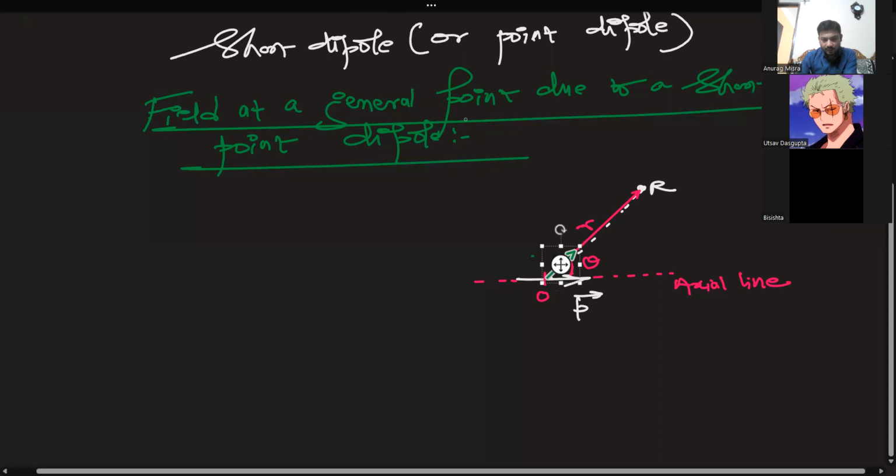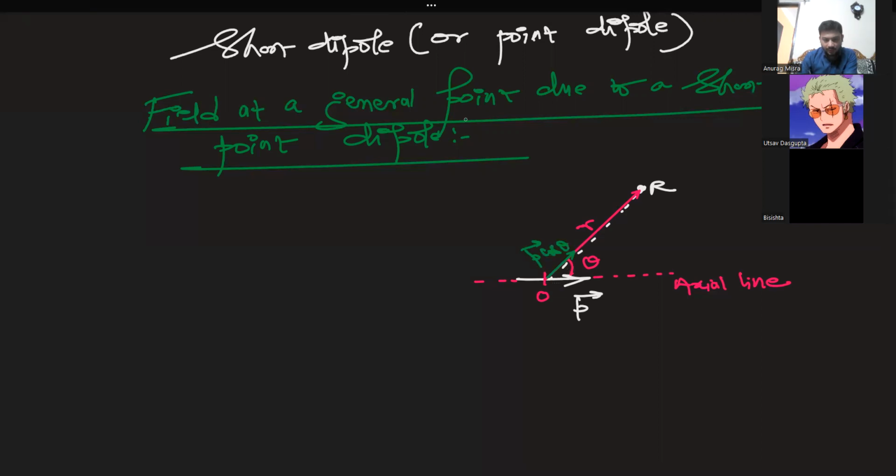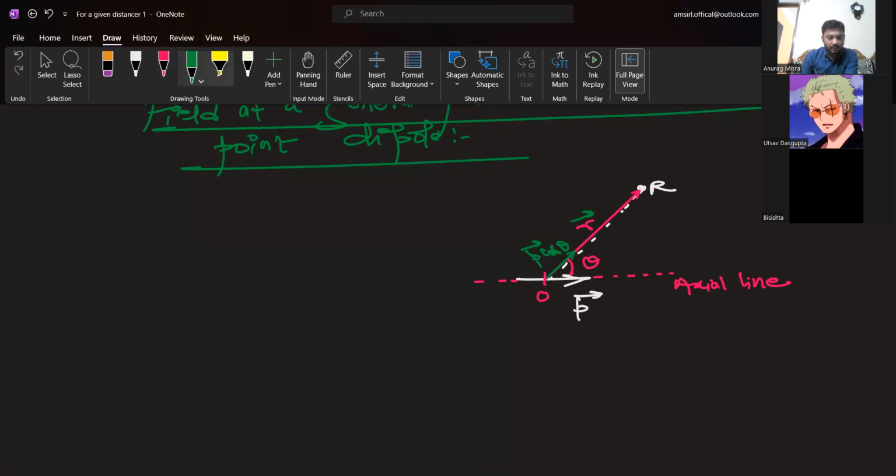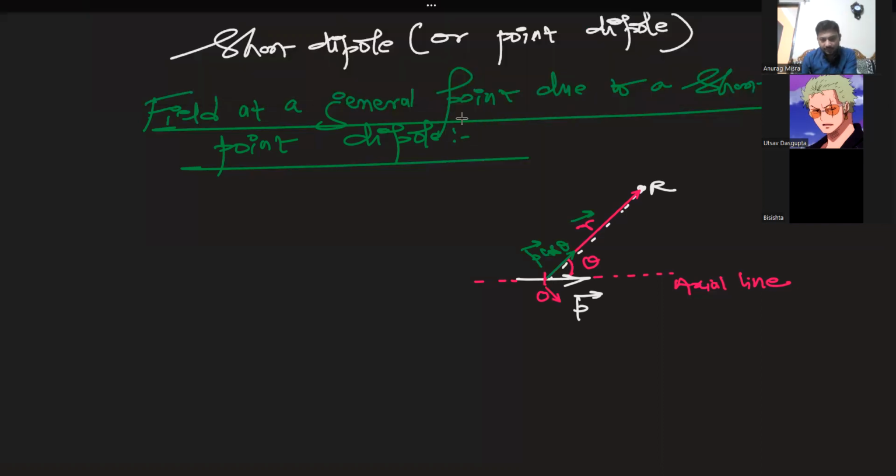I can see it like a dipole moment p cos theta along the radius vector r, and I can see it as a dipole of dipole moment p sin theta, like this, which is perpendicular to r. Yes or no? Yes, sure.